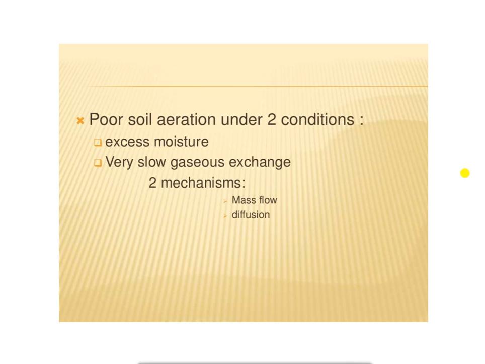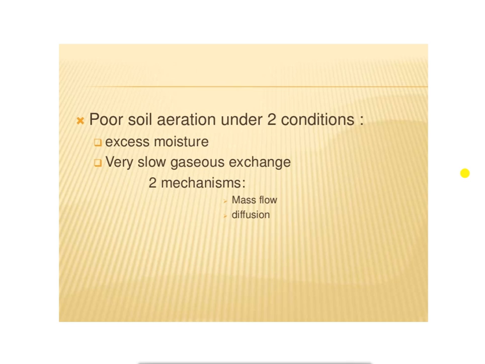Poor soil aeration occurs under excessive moisture, when the soil is mostly occupied by soil water, so the percentage of soil air here is very less. Due to this nature, it is called a poorly aerated soil. It has very slow gaseous exchange.